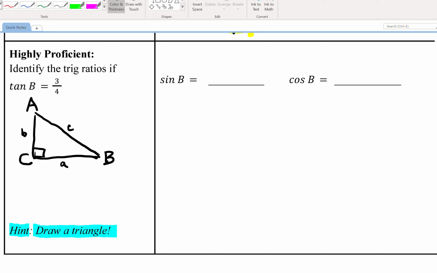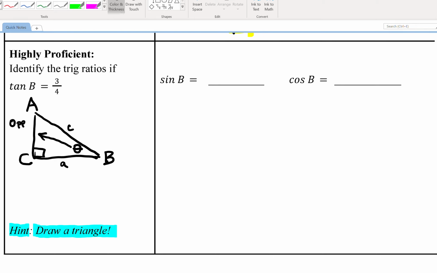But also, if we're looking at the tangent of B, this is the angle that we're looking at. That also means that this b here is the opposite of B. And so I'm going to label that as OPP for opposite.